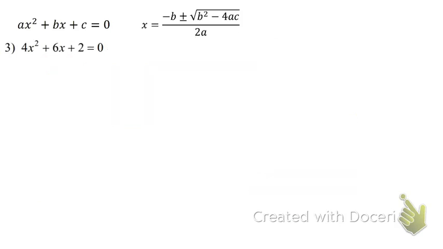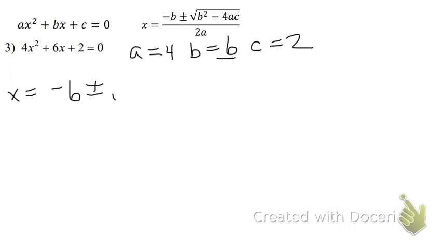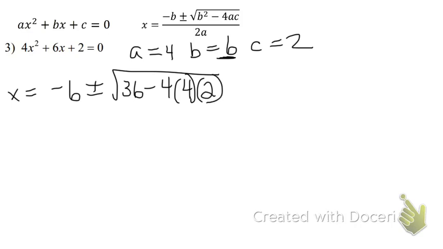Okay, number 3. A is 4, B is 6, and C is 2. So x equals negative b would be negative 6 plus or minus the square root of b squared, which is 6 squared or 36, minus 4 times a times c all over 2 times a, which would be 2 times 4, and that's 8.